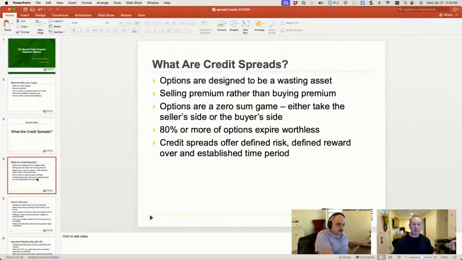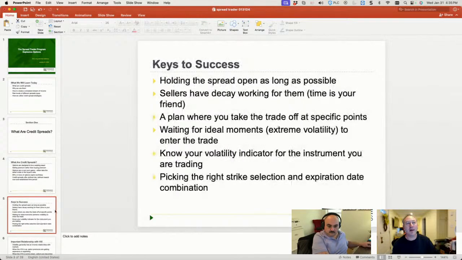This is where the spread trading comes in, where you can be both a buyer and a seller simultaneously. They say 80% or more of options expire worthless, which is great. If you're a seller of options, you're going to make money 4 out of 5 times. It's great. Credit spreads offer defined risk, defined reward over an established period of time.